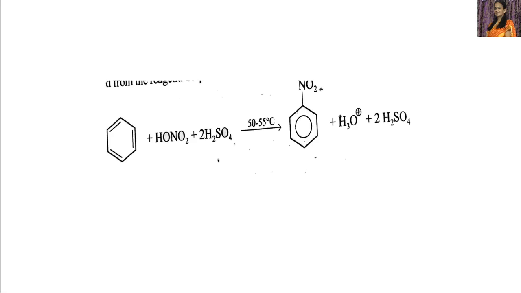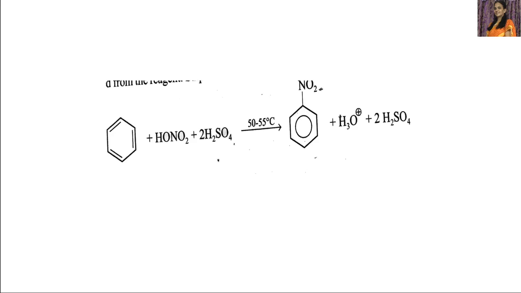Then we get a nitro group introduced on one of the carbon atoms, replacing one hydrogen atom. That's why this is called an electrophilic substitution reaction, because the electrophile NO2 plus substitutes one of the hydrogen atoms on benzene. Thus, we get nitrobenzene as a product. The other products obtained here are H3O plus, and the sulfuric acid is regenerated.